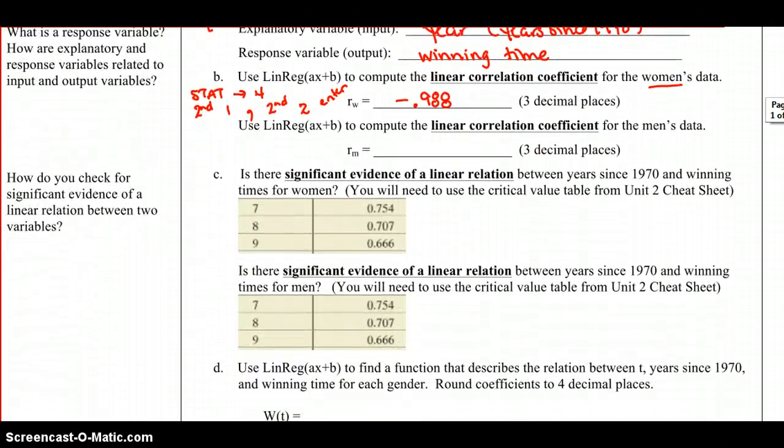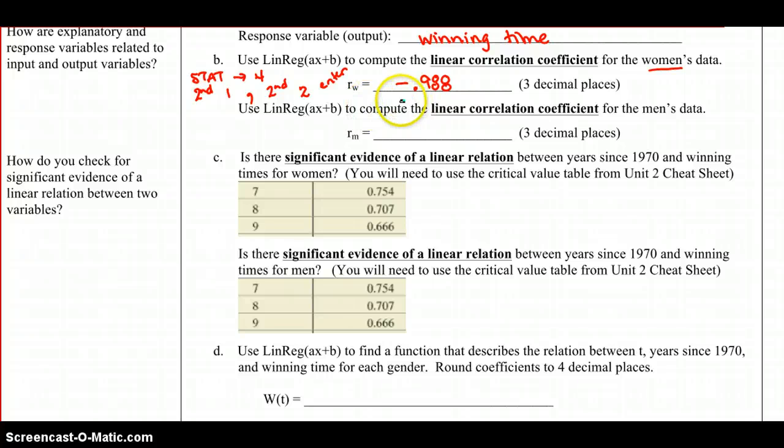All right, so keep in mind that the value of R measures the strength and the direction of the linear relationship between the two variables.